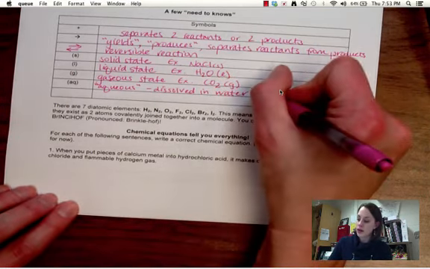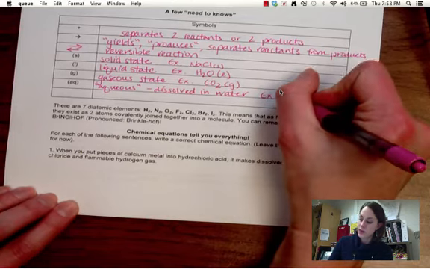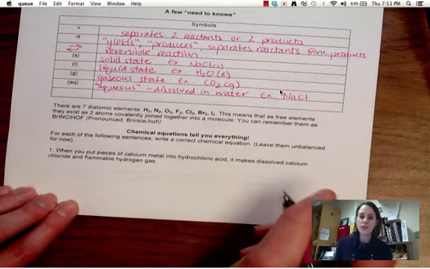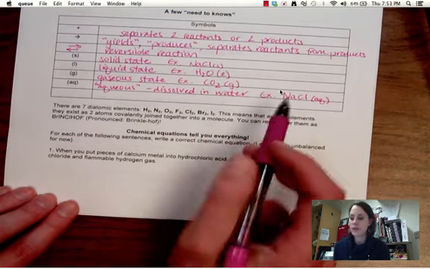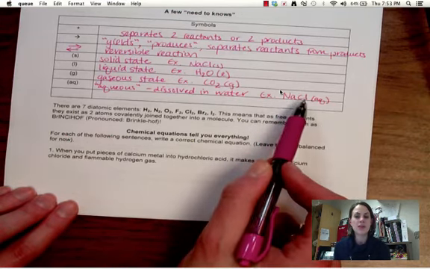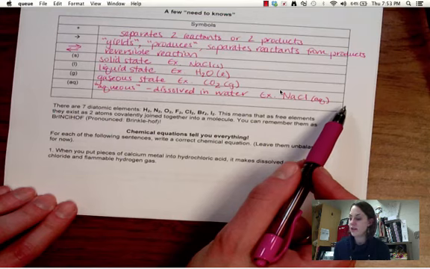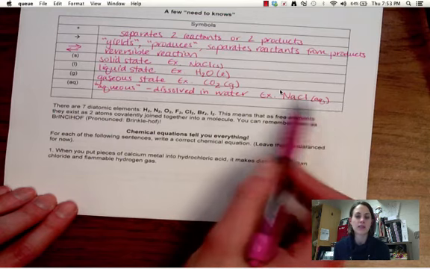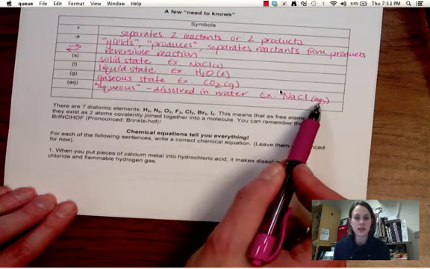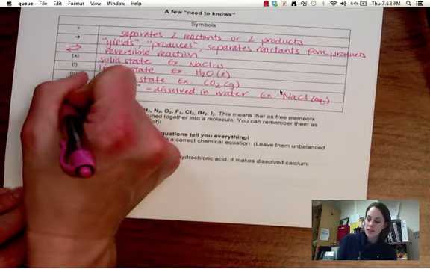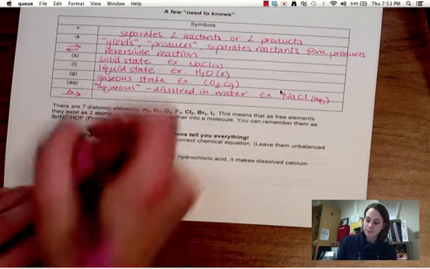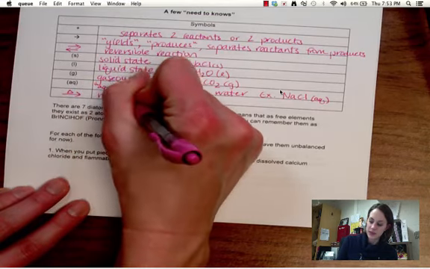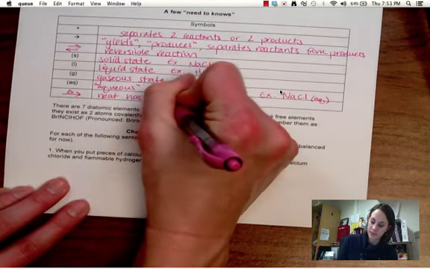I can use NaCl from before, but if I put AQ after it, that means that sodium chloride has been dissolved in water. I don't have it as a solid anymore. It's been mixed in with water. So watch out for that AQ symbol. The last symbol is an arrow with a triangle over it, and that means that heat has been added to the reaction.